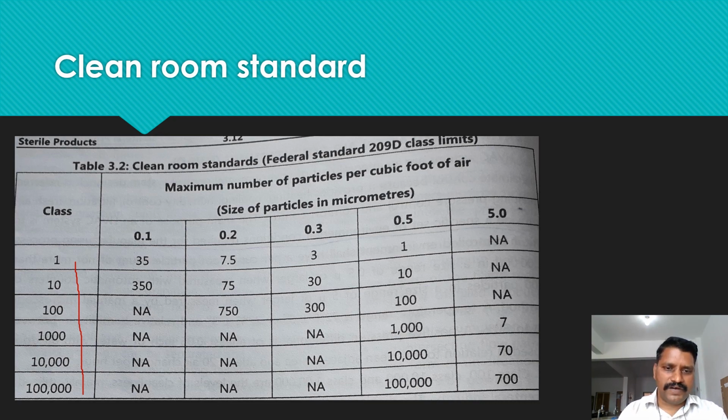Class 1000 area: 0.5 micrometer size particles, how much? 1000, and 5 micrometer size, 7 particles. Class 10,000: 10,000 particles of 0.5 and 70 of 5 micrometer size. So this is about the clean room standard as per Federal Standard 209 class levels.